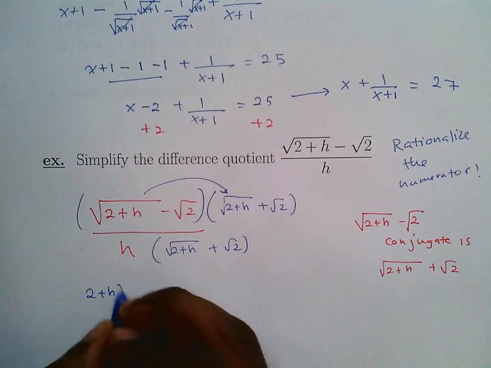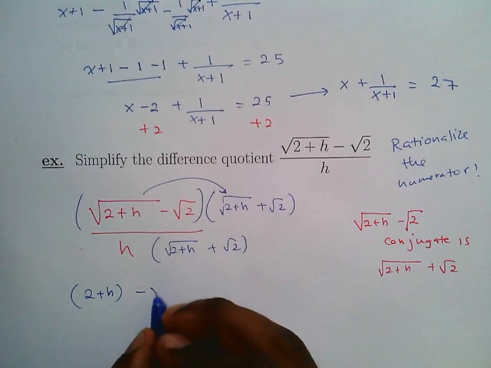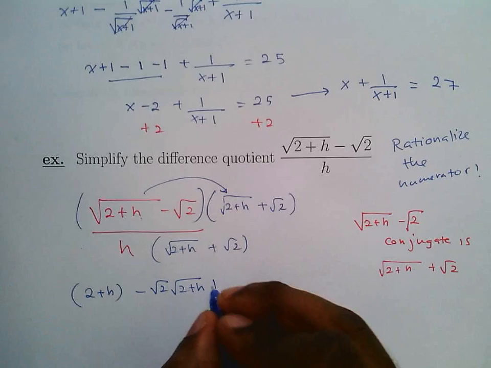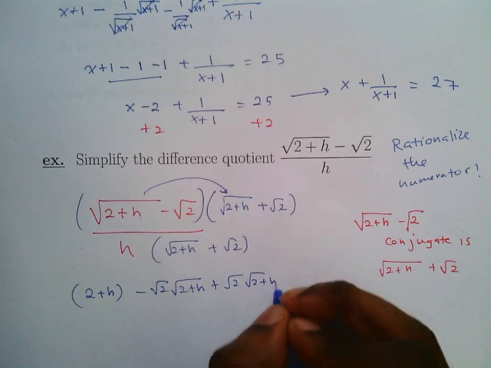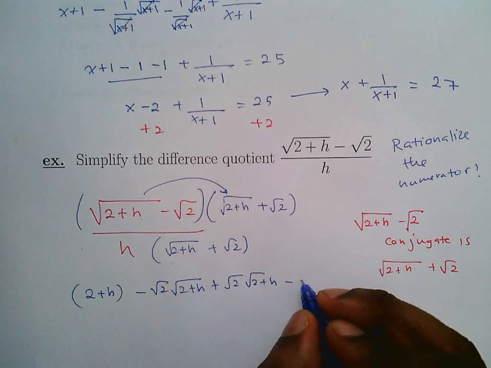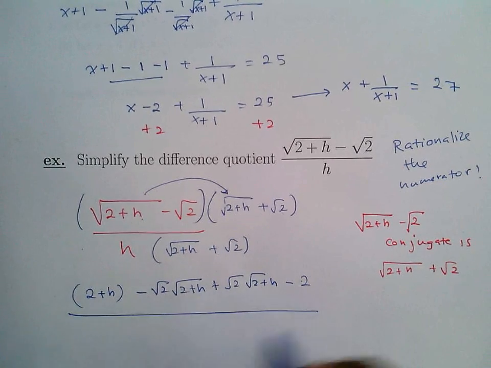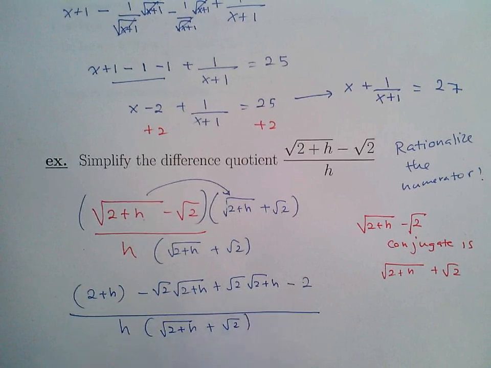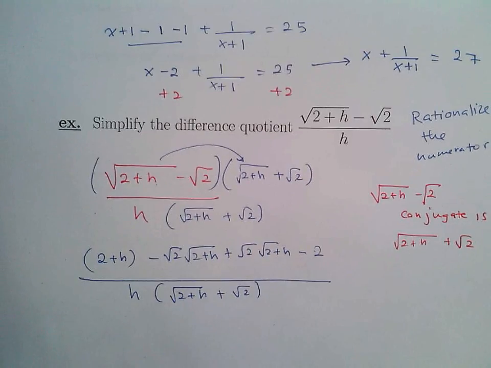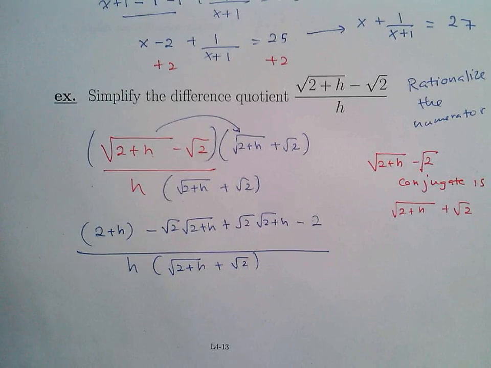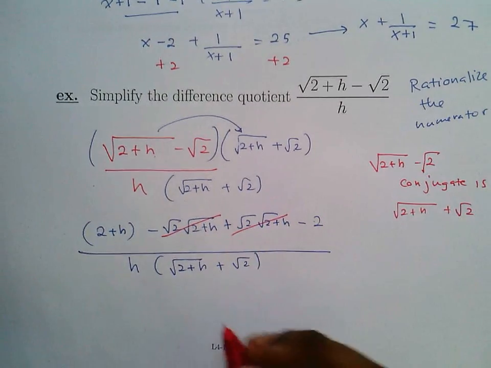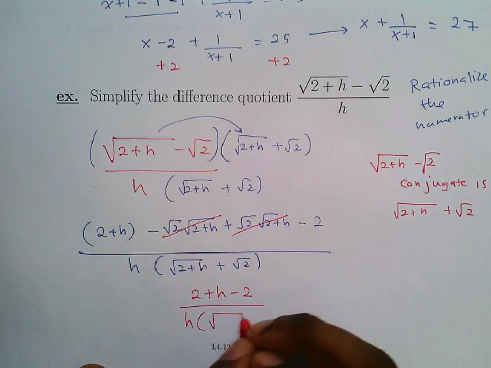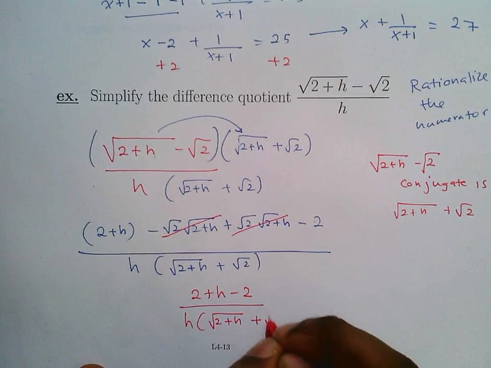That would be 2 plus h, and then this would be negative root 2 plus h, and this would be plus root 2 plus h, and then the last one would be minus 2. That last step was just FOILing. And you can see these terms cancel off. So you get 2 plus h minus 2 over h, times square root of 2 plus h plus root 2.